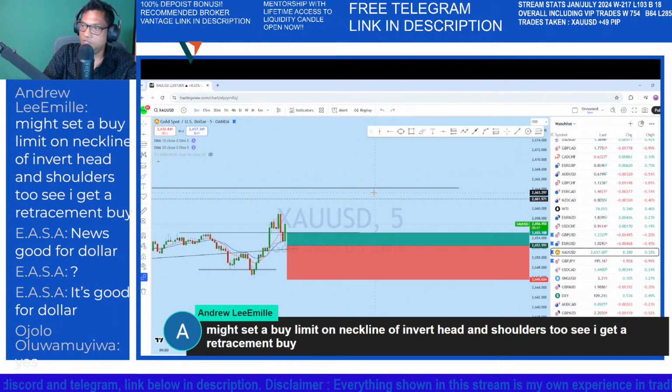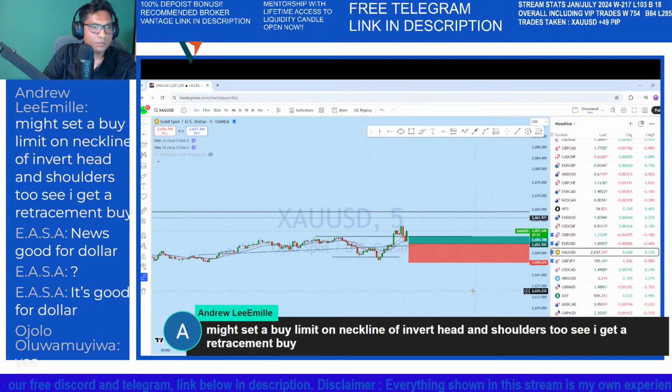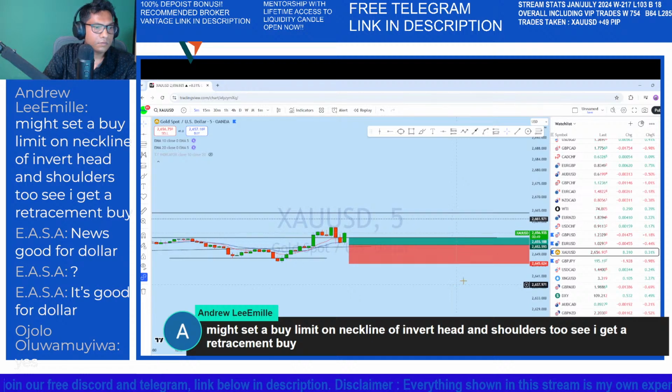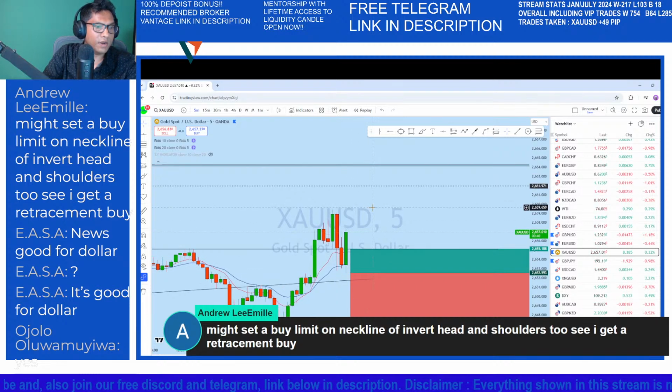The bias is still to the upside, because it has broken this support. Okay, so it gained a very strong momentum here.